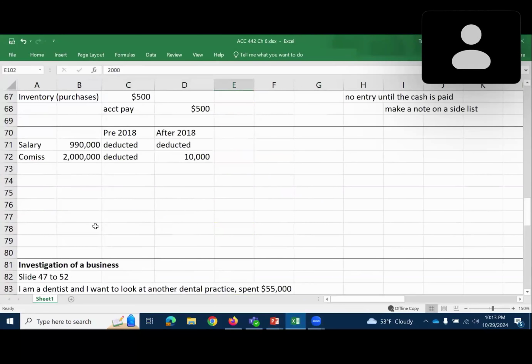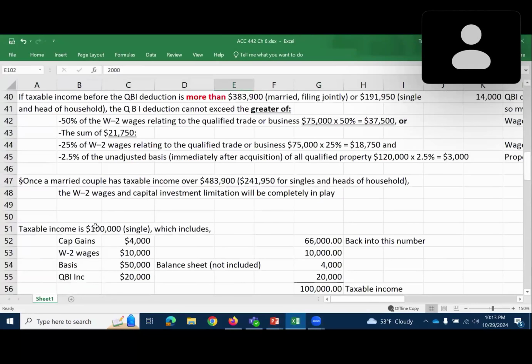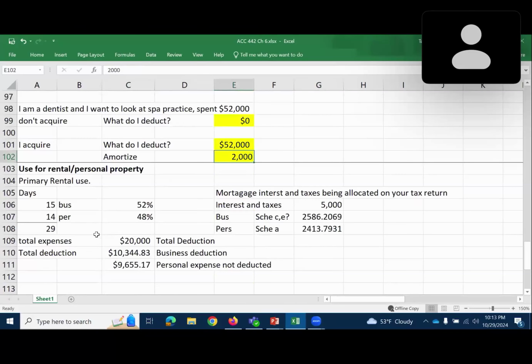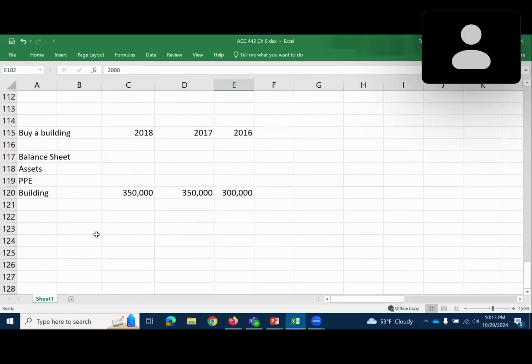But I had hobby losses in here for you. So I have hobby revenue of $2,000. I have expenses of $500.